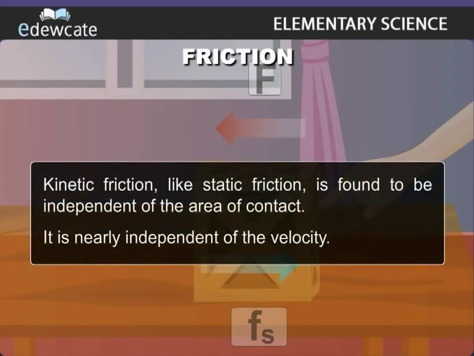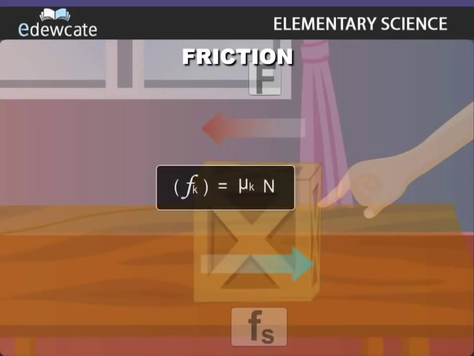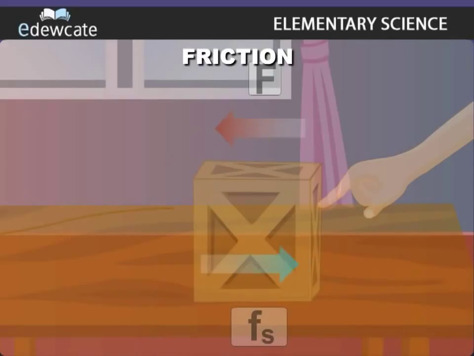Kinetic friction, like static friction, is found to be independent of the area of contact. Further, it is nearly independent of the velocity. It satisfies a law similar to that for static friction. Fk is equal to mu k into N, where mu k is the coefficient of kinetic friction, which depends only on the surfaces in contact. Experiments show that mu k is less than mu s.